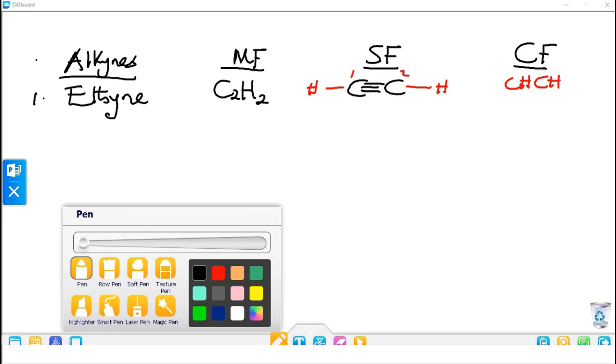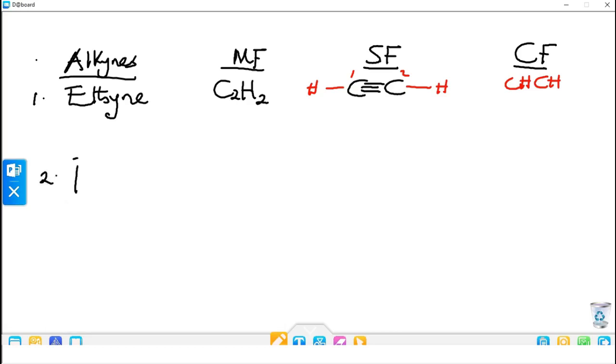Okay, let's proceed to the second member of the alkyne family, and that is propyne. Propyne is C3H4. Since propyne is C3H4, the structural formula is going to be 3 carbon atoms. Since we have 3 carbon atoms and 4 hydrogen atoms, how are we going to distribute these 4 hydrogen atoms?